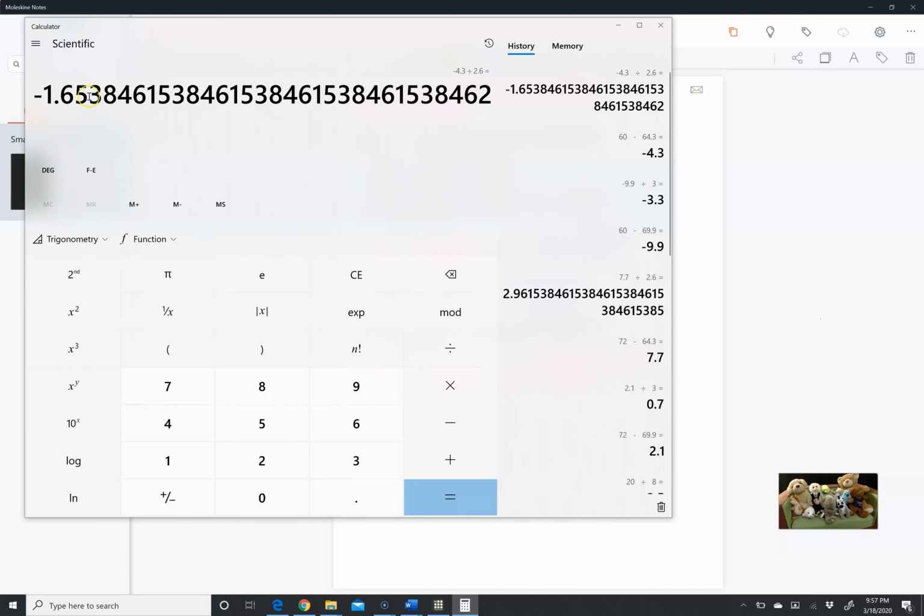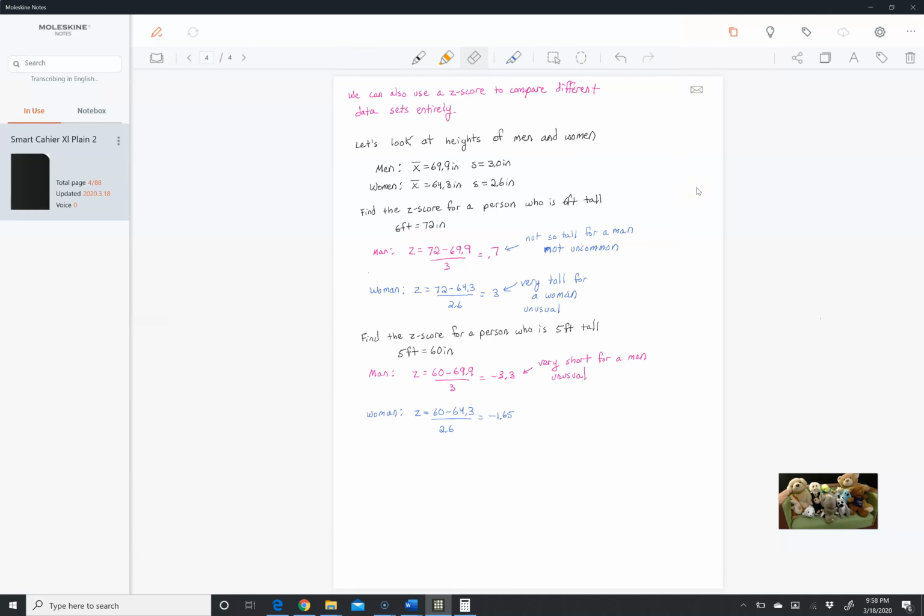This is a 3 over here, so we round down. So it's 1.65 below the mean. So this is short for a woman. But again, I wouldn't say that it's common, but it's not uncommon. You will see women who are 5 feet. Now, what this tells you is that you will see more men who are 6 feet tall than you will see women who are 5 feet tall.